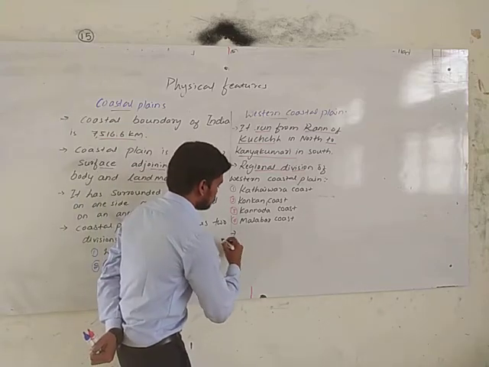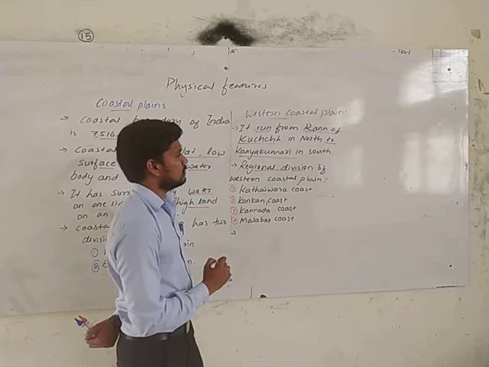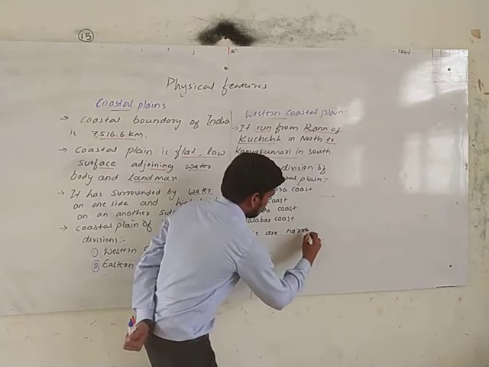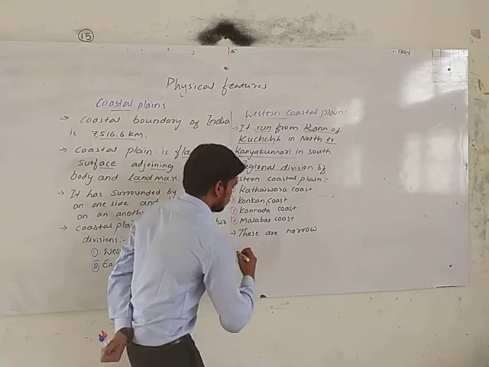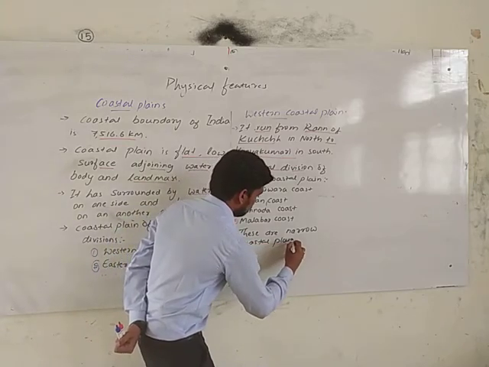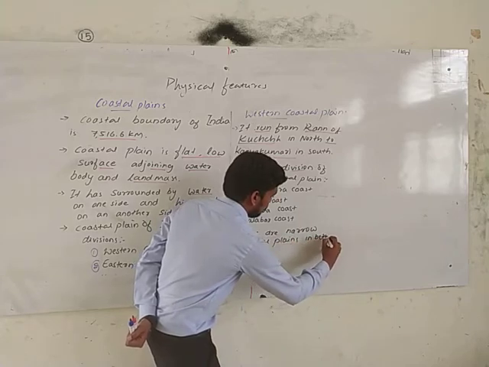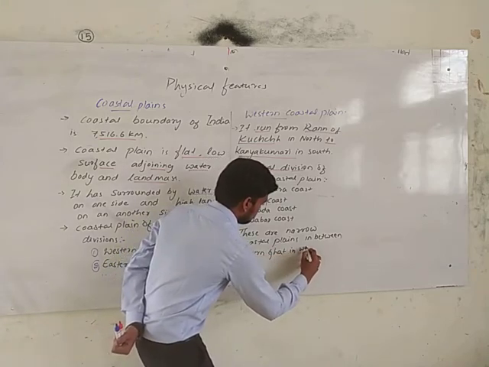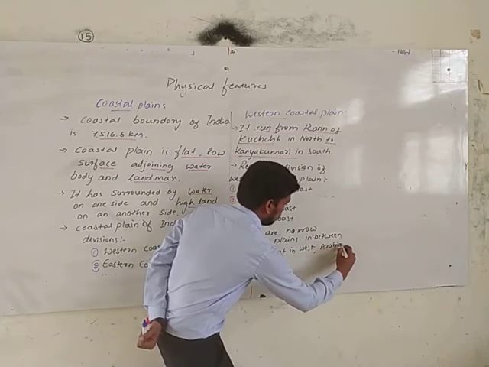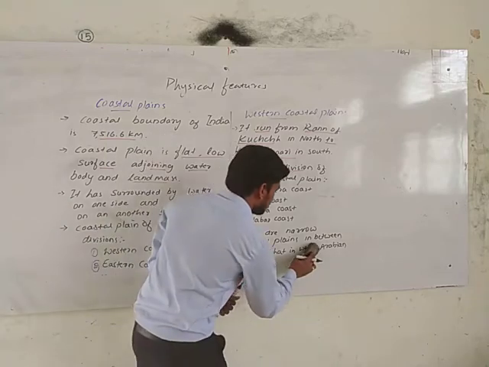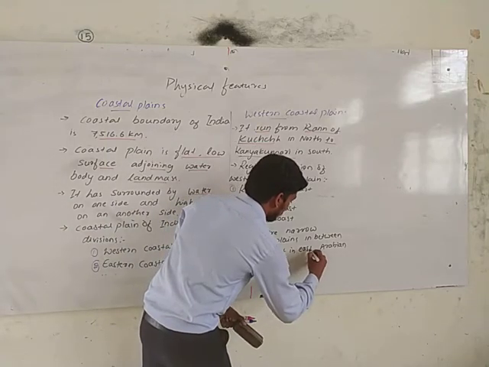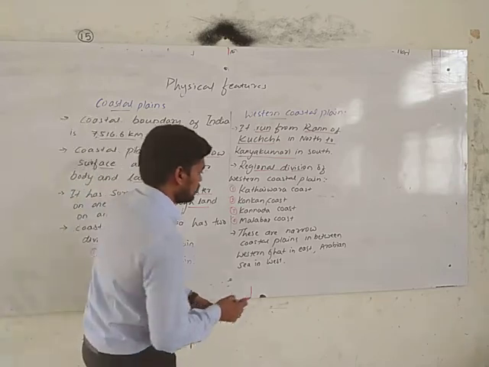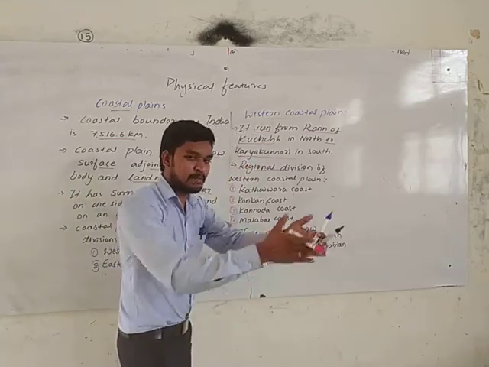So these western coasts are narrow coastal plains, in between the Western Ghats in the east and the Arabian Sea in the west. It's narrow, a narrow plain.